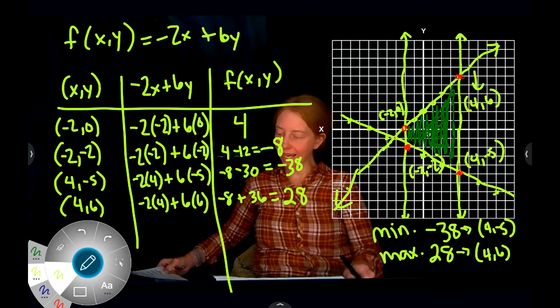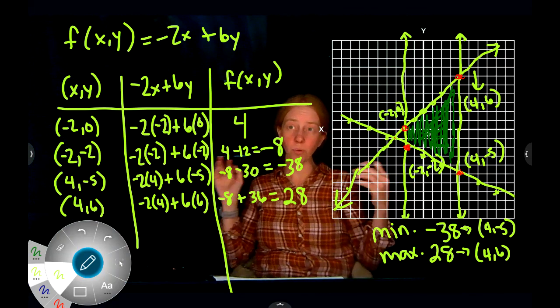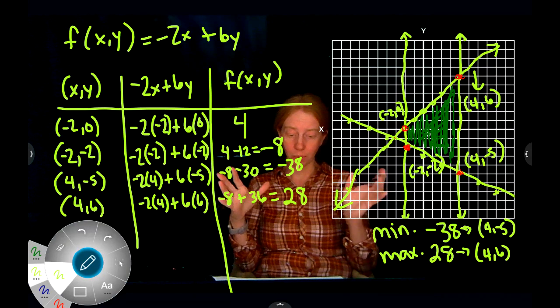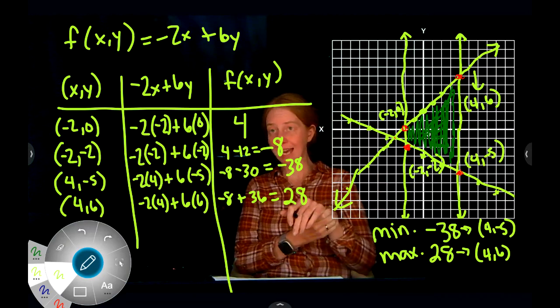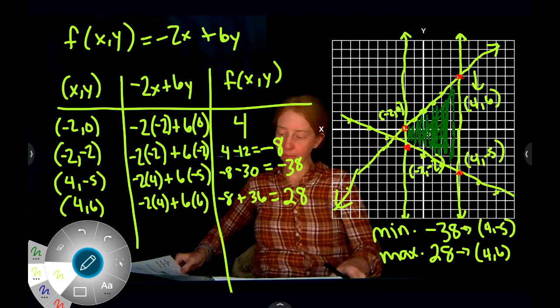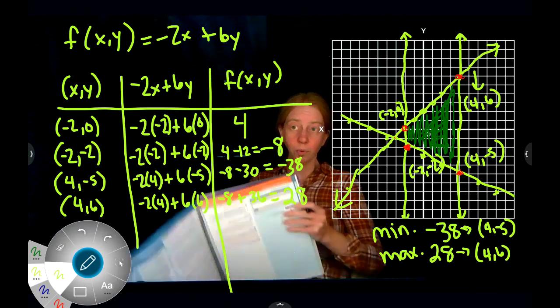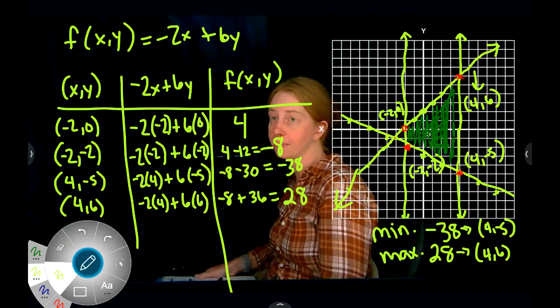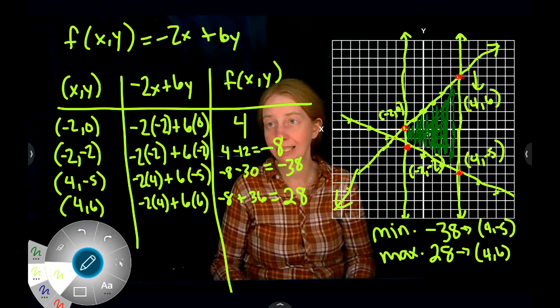I know the why is also important, but I think you'll be bored if I explain it, so I would prefer for you to read that in your book. I want you to try some of these problems. This is really all there is in this lesson, is how to do these problems and what happens in tricky situations.